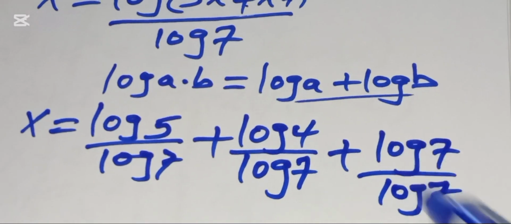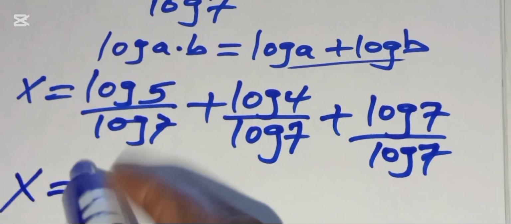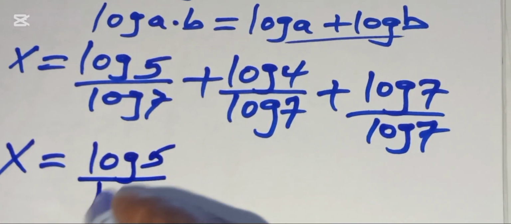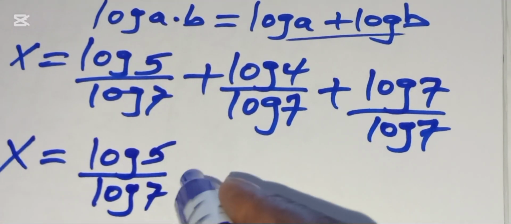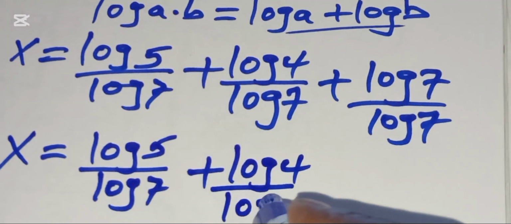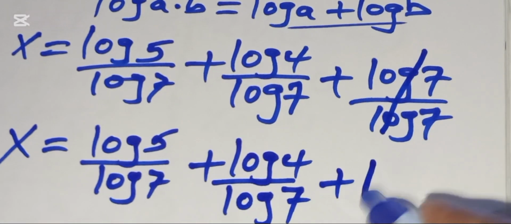Now we simplify, so that x is equal to log 5 divided by log 7 plus log 4 divided by log 7 plus, if you simplify, log 7 divided by log 7 is the same thing as 1.